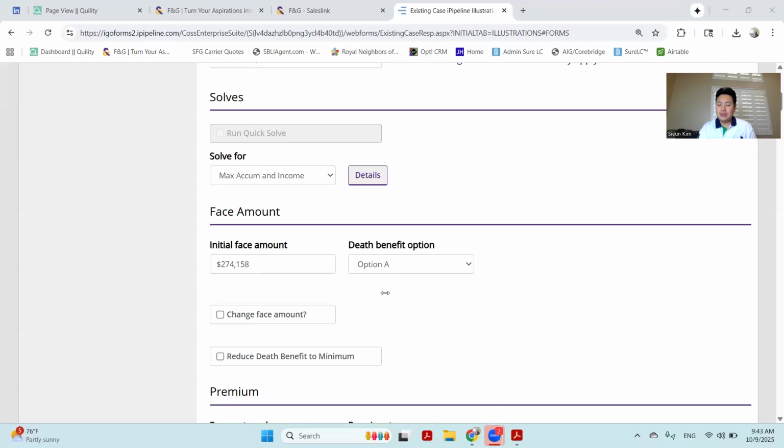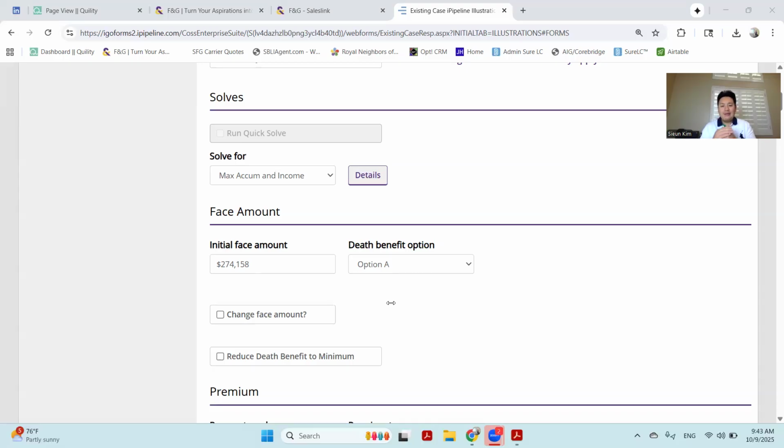Whereas if you do option B, the death benefit goes up a little bit every year, which means the cost of insurance goes up every year. If the premium is small, that's why I don't usually recommend option B, because you're already putting in a small amount monthly, but the internal cost of insurance keeps growing, so it might not be the best illustration for the client long term.